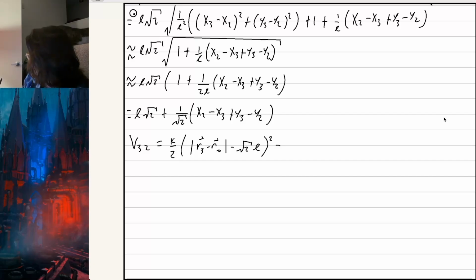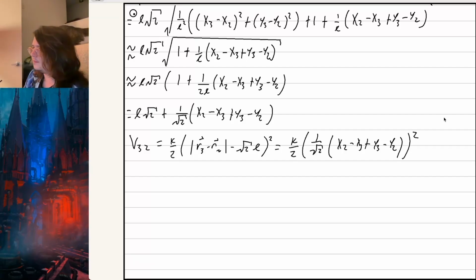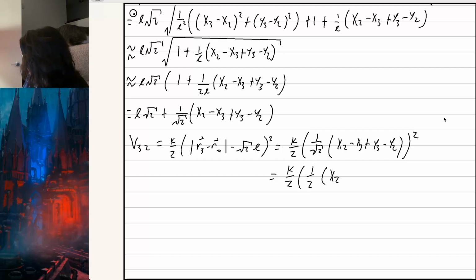Root 2 L squared, which is when we expand that with our new solution for that particular quantity, 1 over root 2 times x2 minus x3 plus y3 minus y2, squared, which is just 1 half of x2 minus x3 plus y3 minus y2 squared. So just k over 4 times that stuff squared.